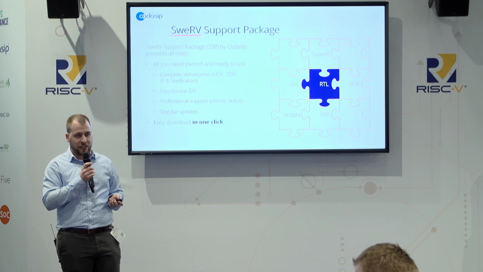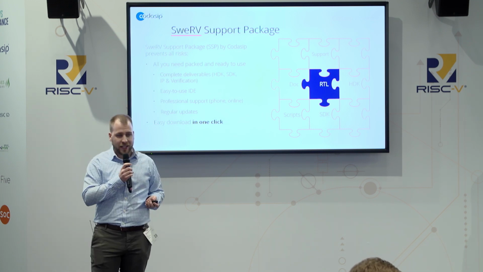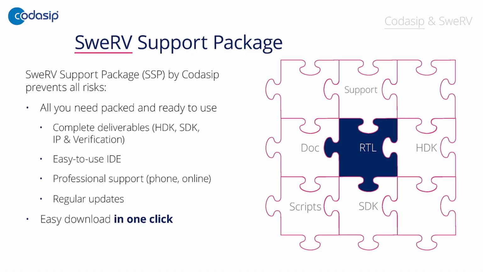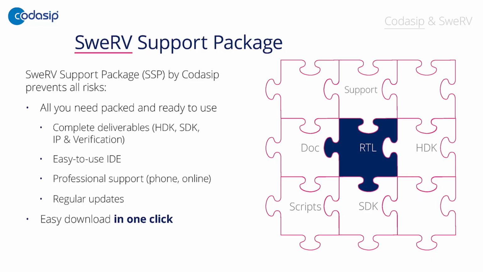It will contain documentation, and we will provide support for the contents of the package. Also, if there are any updates to the RTL or the tools, we will provide regular updates. The whole package will be in an environment which will already solve all the dependencies that the various tools have, so you also don't need to worry about that. And again, it will be downloadable from our web page in one click, basically.